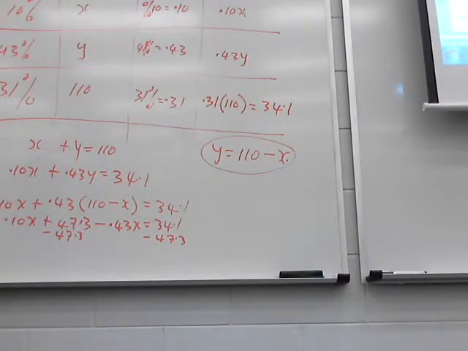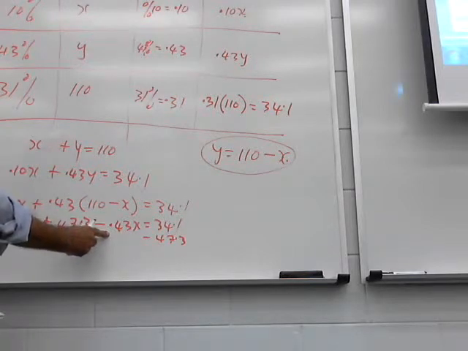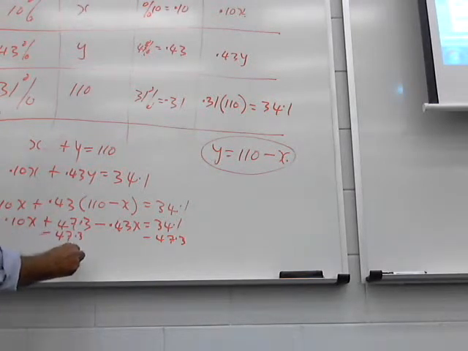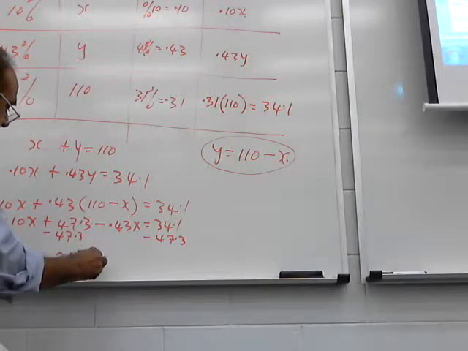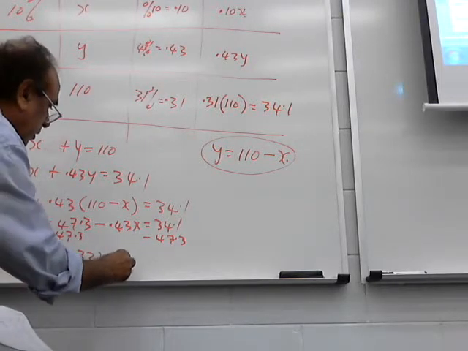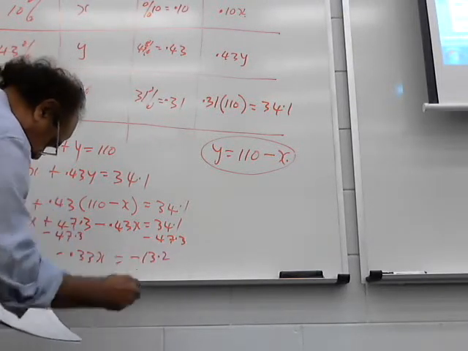All right, so that leaves us with 0.1x minus 0.43x, and this will give us minus 0.33x equal to minus 13.2.